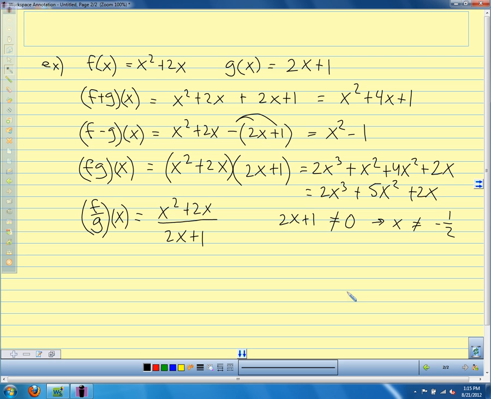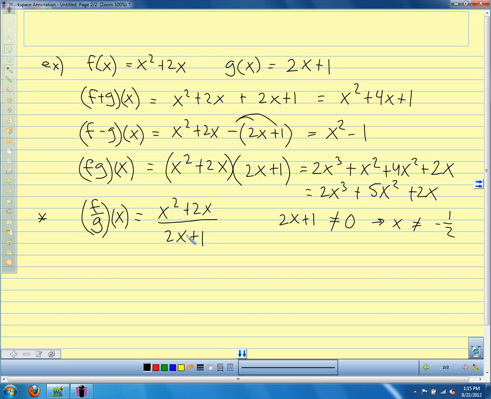Everybody good with this? Later on in the course, we're going to learn how to do a little more with this kind of division, to simplify this a little bit. So I'm just going to put a little mark here.